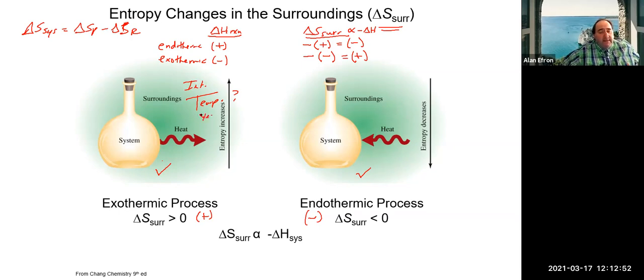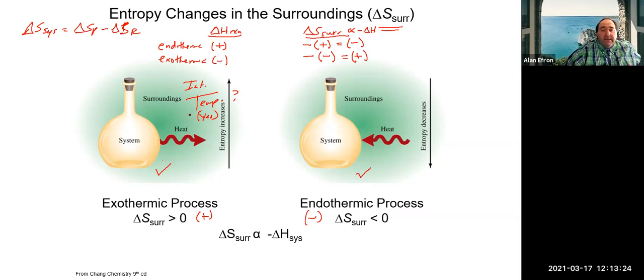If the temperature of the surroundings is really high to begin with, the amount of heat and energy coming off in, say, the exothermic process from the system to the surroundings is probably not going to make a tremendous difference in the entropy value, because the temperature and the entropy were so high to begin with, that added energy coming in from the system is probably not going to make as much of a difference.